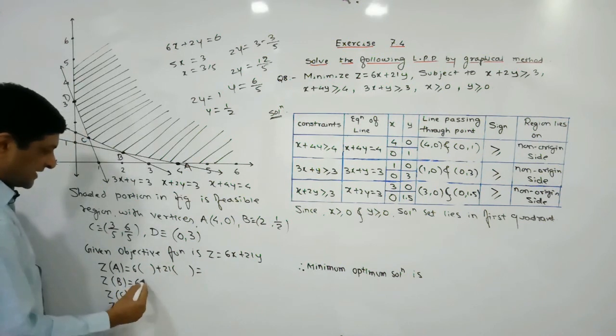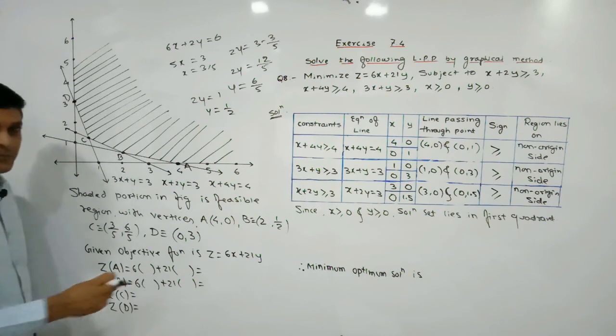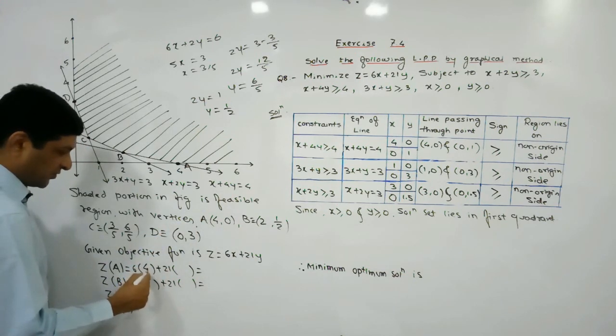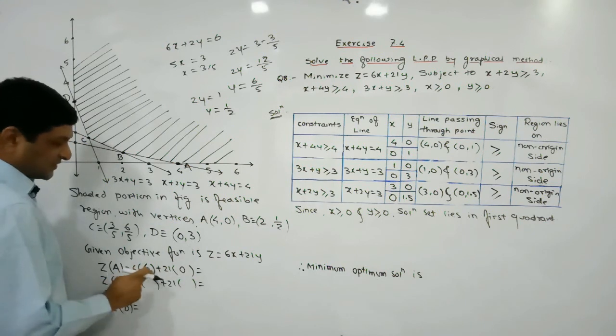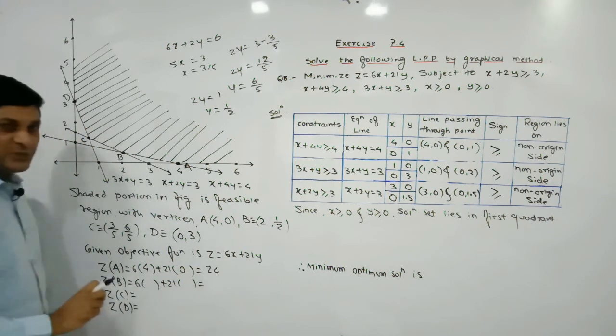Now we substitute the coordinates of vertex A, which are 4, 0. So 6 4s are 24 plus 0 will be equal to 24.